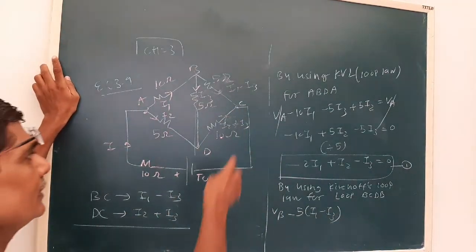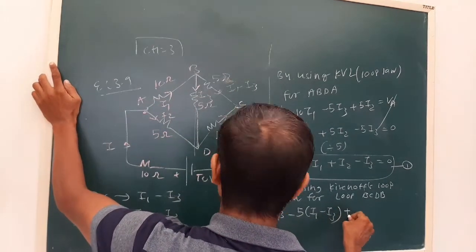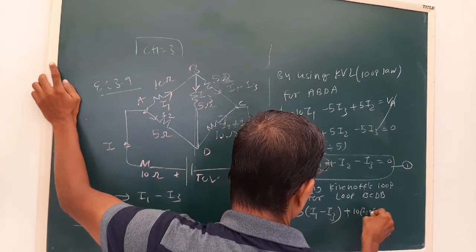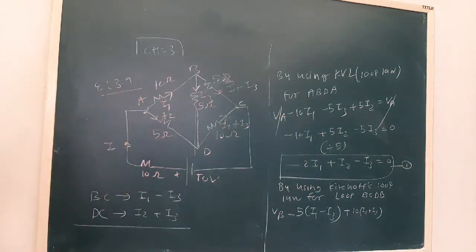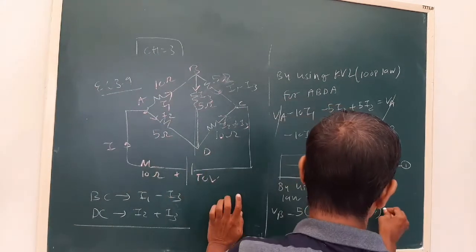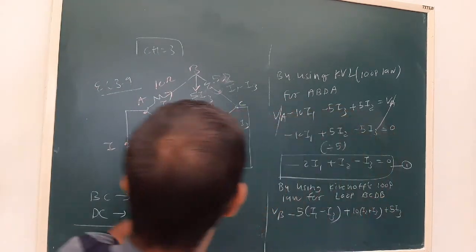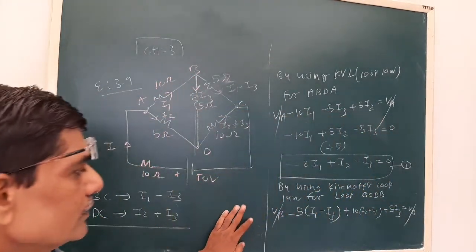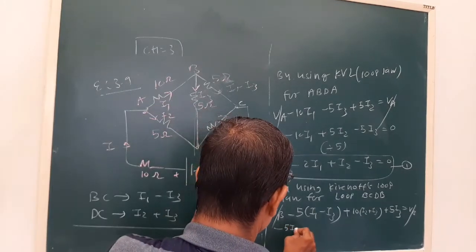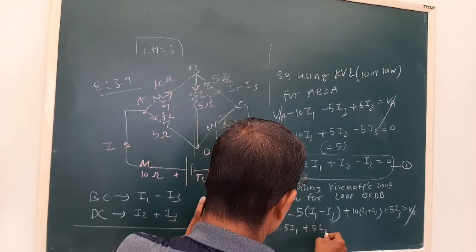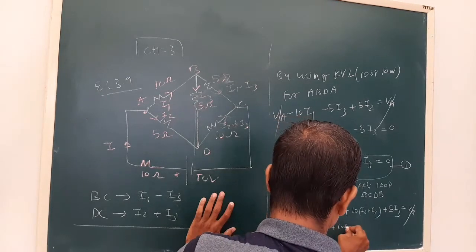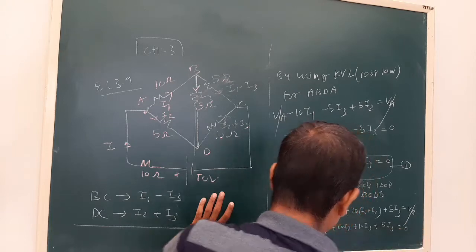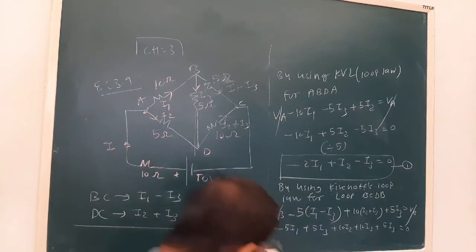Now in CD we are moving in the opposite direction, so it will be plus 10 into I2 plus I3. Now when we move in DB, we are moving in the opposite direction, so plus 5 I3. Finally we reach point B. So we simplify: minus 5 I1 plus 5 I3, plus 10 I2 plus 10 I3, plus 5 I3 is 0.